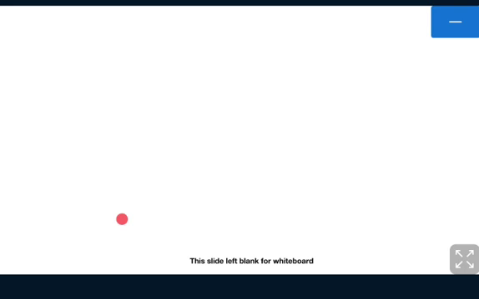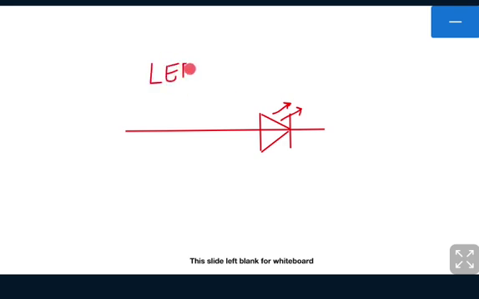So this is how we represent an LED. Below the LED, in brackets, you have to write the full form, that is light emitting diode.